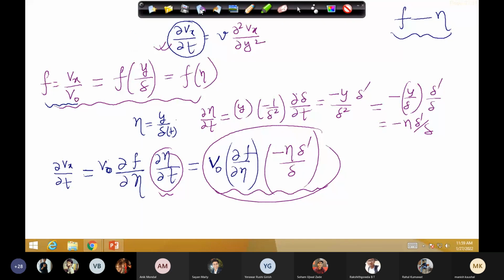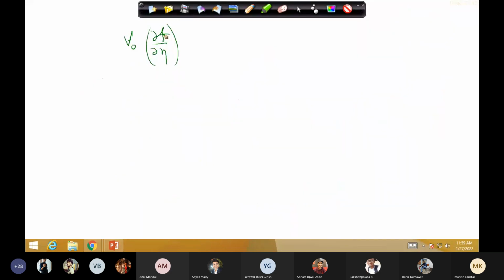V naught ∂f/∂η, V naught ∂f/∂η minus η δ'/δ. This is equal to, what is the right hand side? Right hand side is ν V naught ∂²f/∂η² 1 by delta square.